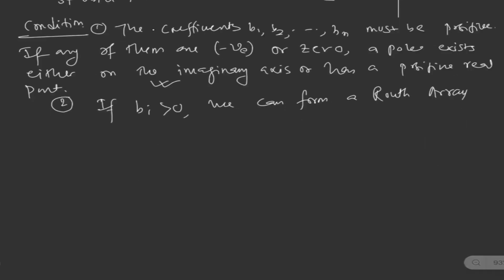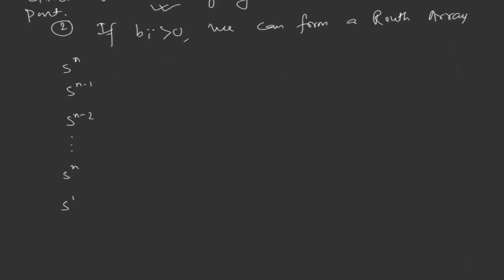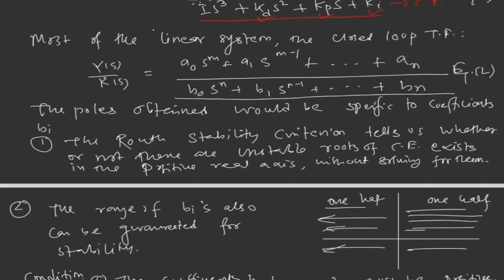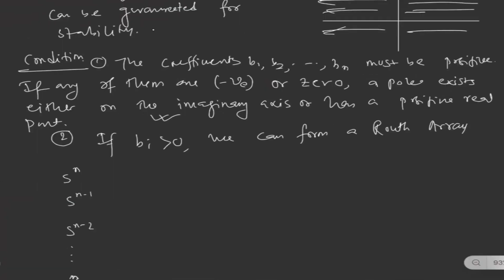We'll take Sn, Sn minus 1, Sn minus 2, down to S2, S1, and S0. If n is odd, we'll take the coefficients of odd powers of S. If n is even, as in this case, then we'll take the even coefficients of S.